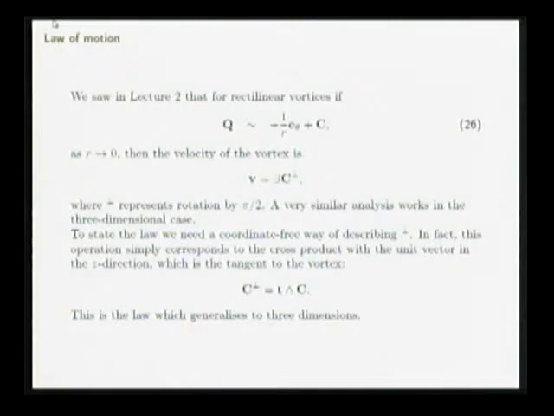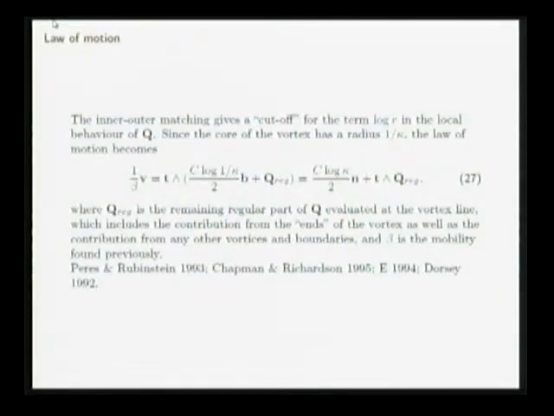And so this law of motion just really says that the velocity is not in the direction of c, it's in the direction of the tangent cross c. And that's the law which generalizes to 3 dimensions. And so when you do this local analysis, what you find is that the velocity is not in the b direction, but it's in the t cross b direction. You've got to take the cross product between the tangent and the binormal.